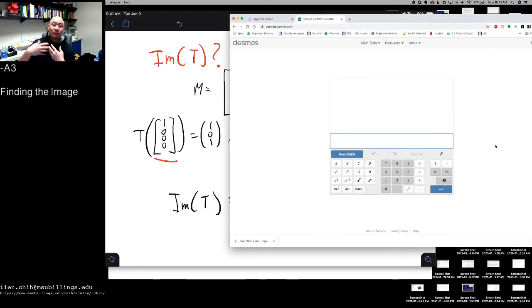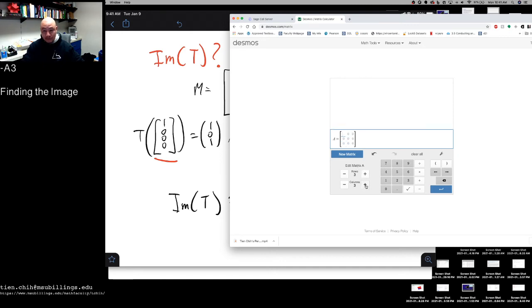what I need to do is go back and recall what we've done in the past to find a basis. So I'm going to make a new matrix here. We're looking at 3 rows and 4 columns: 1, 0, 1, 2, 0, 2, 3, 0, 3, and minus 5, 1, minus 5.